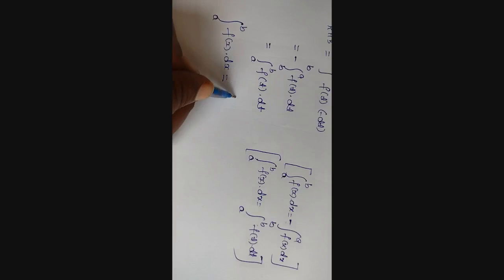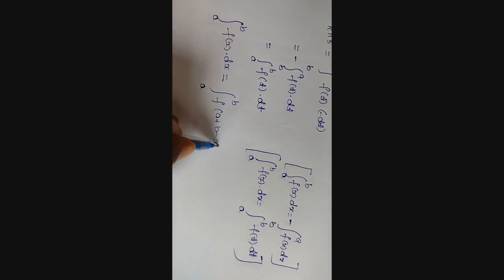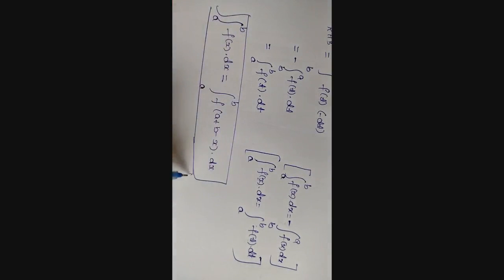So finally we get integration of a to b f of x dx is equal to integration of a to b f of a plus b minus x dx. This is the required standard form of this problem. Clear? So note down all of you and write down.